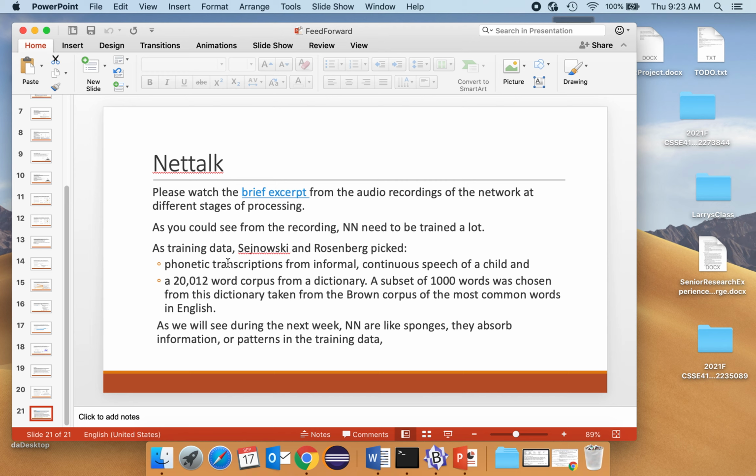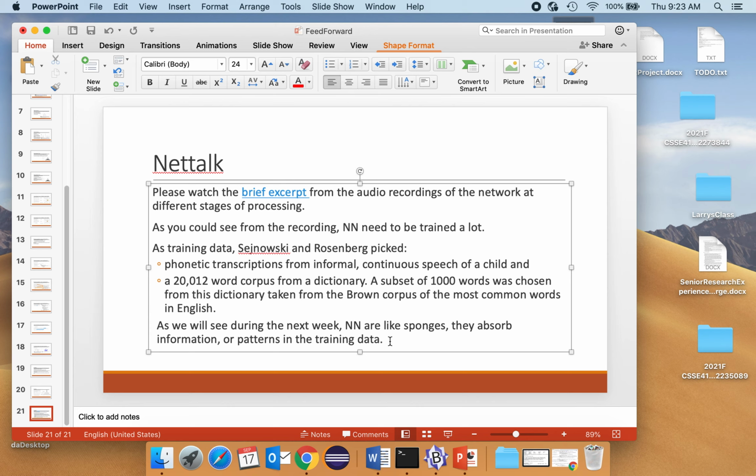One of them was phonemic transcriptions from informal continuous speech of a child, as well as from a 20,000 word corpus of a dictionary. They selected a subset of 1,000 words that represent the most common words in English. What we will see eventually is that neural networks are like sponges. They absorb information, or as we will see, patterns in the training data, and they get to be really good.